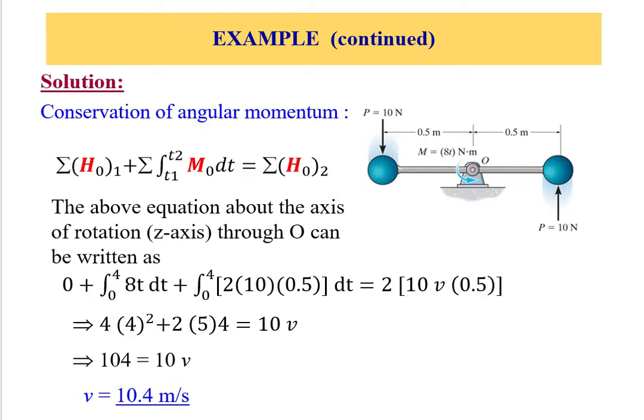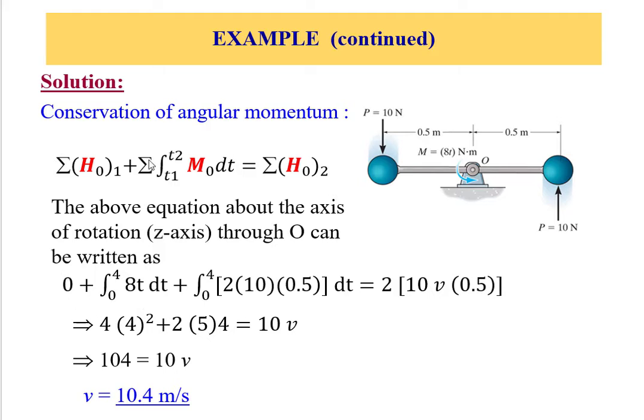So let's be careful. At the beginning, the velocity is 0. Remember, this is equal to r cross mv, so v is 0, so there's no need to worry much about what's happening with r and v, because v is simply 0.